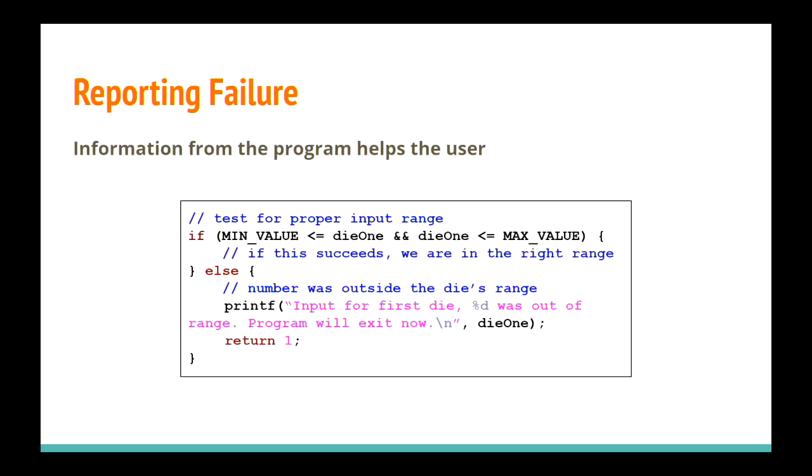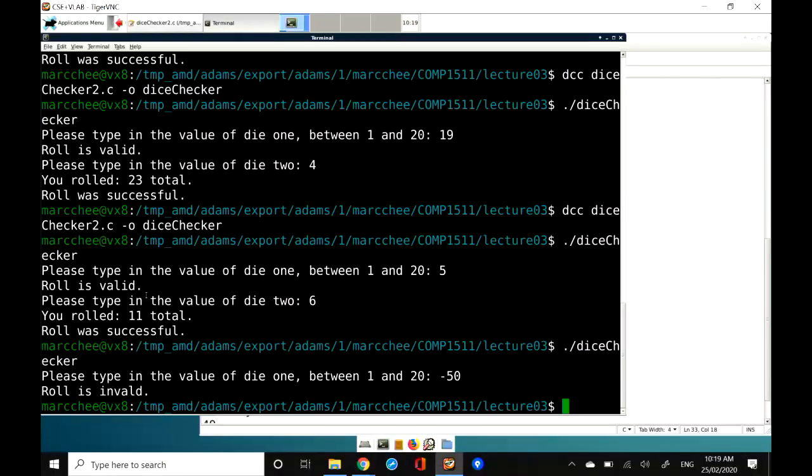So maybe let's report the failure. Let's give the user a message to say, okay, this didn't work and there's a reason why, rather than just return 1, goodbye. At the moment, it did say roll was invalid, but previously, while we were running this thing, even when the roll was invalid, it still kept going. So maybe we want some more information to tell people what's going on.